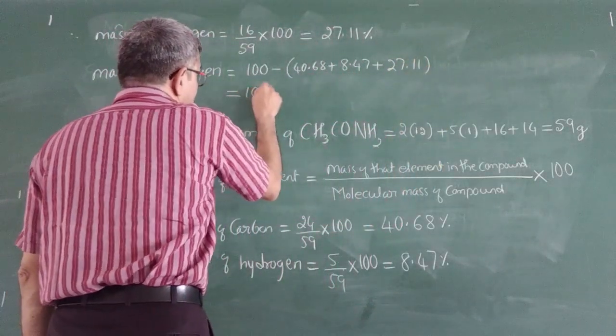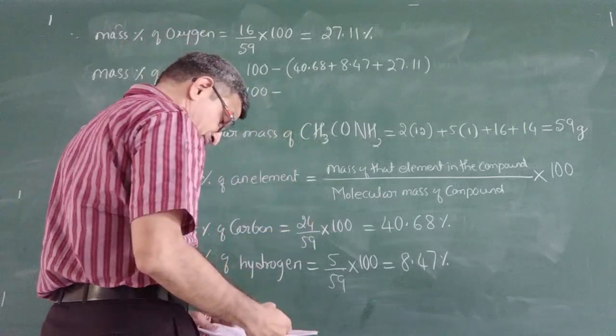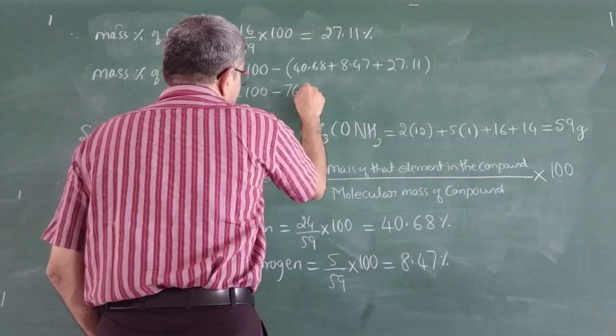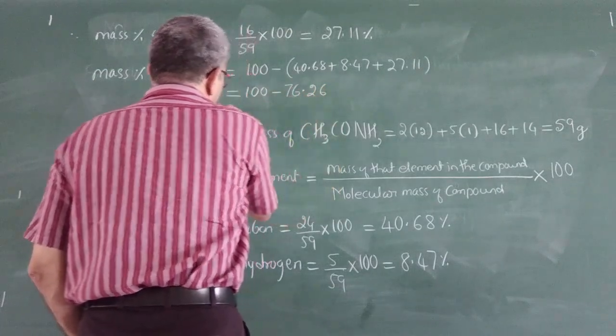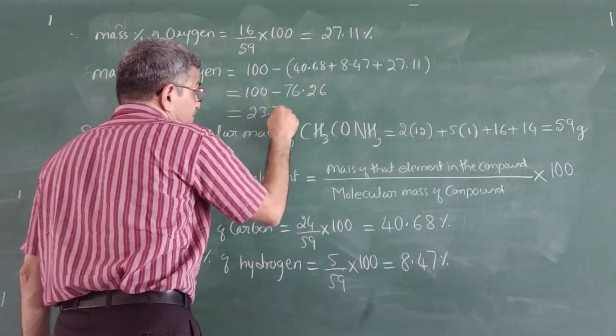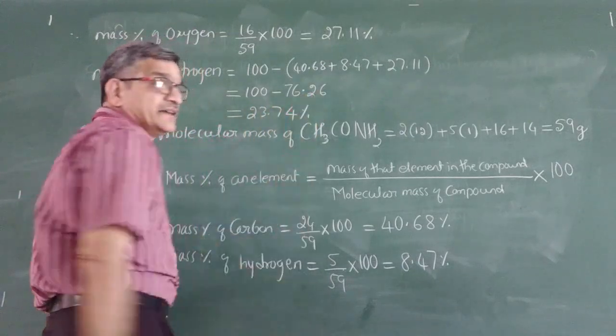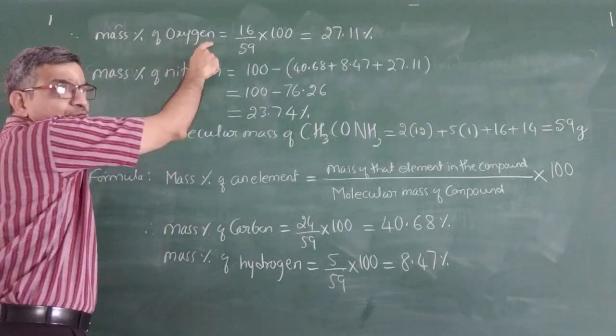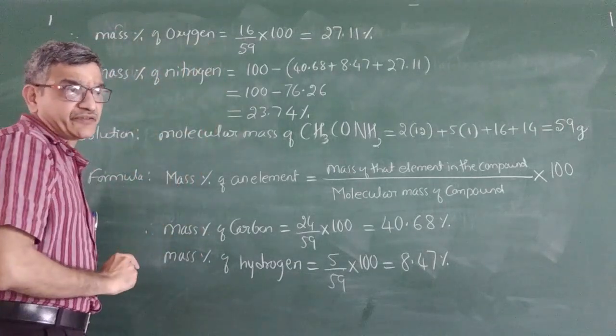So that is 100 minus 76.26. Therefore you are getting the answer 23.7. So this is the percentage of nitrogen. This is one method, and you get the same answer.